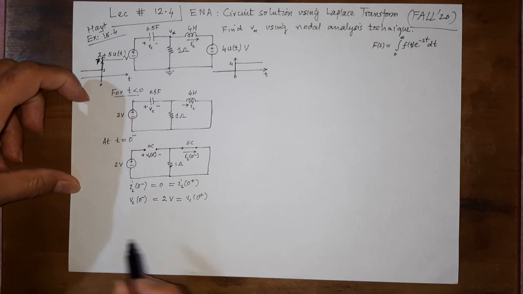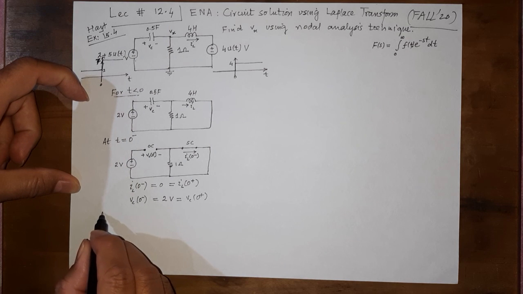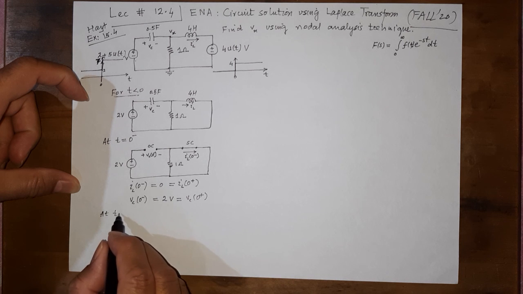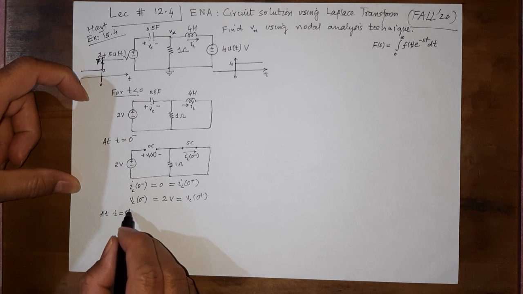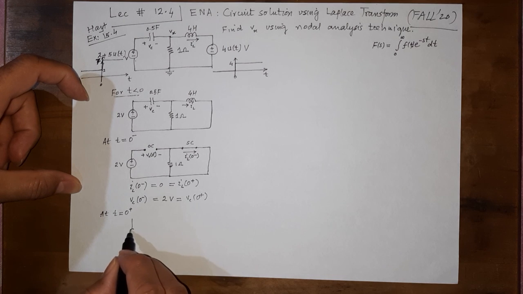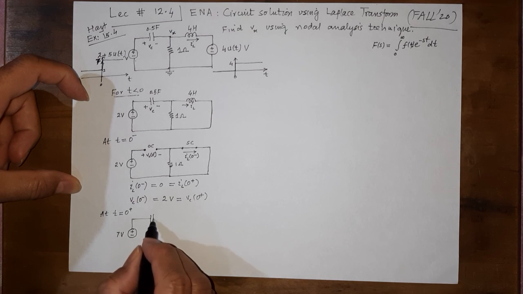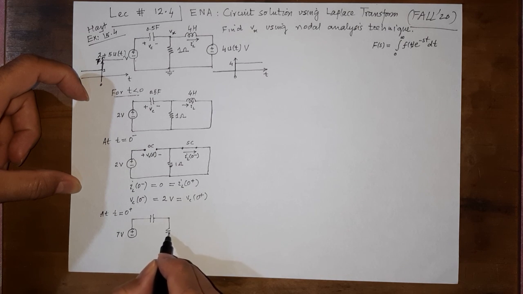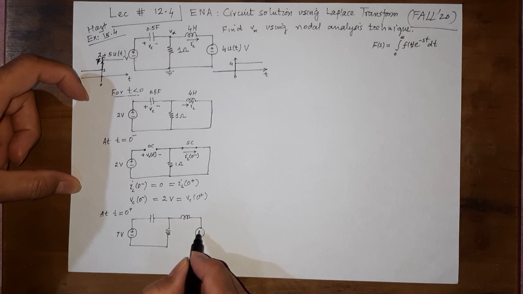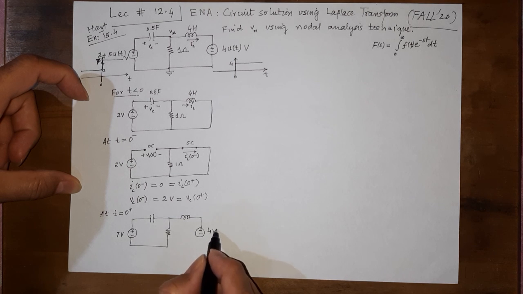For understanding's sake, let me now draw what the circuit is going to be at t equal to 0 plus, just after 0. We have a voltage source of 7 volts, a capacitor, a resistor, an inductor, and a voltage source of 4 volts.